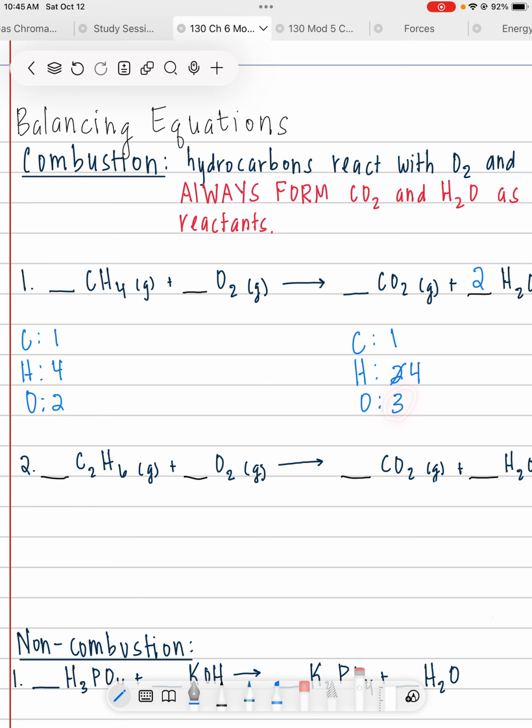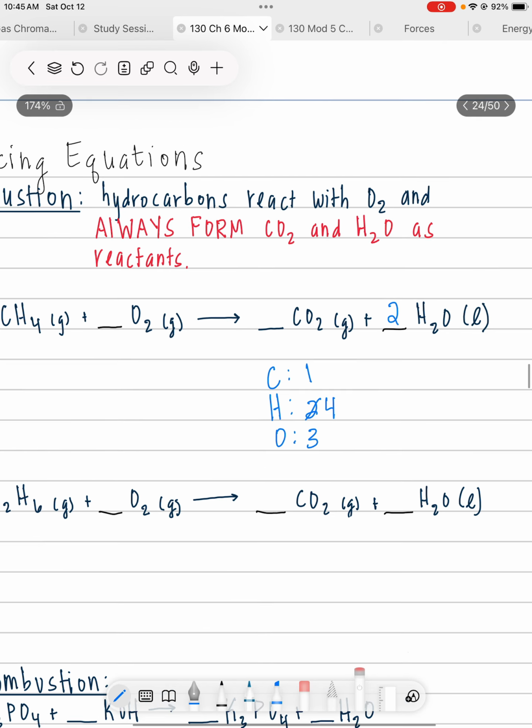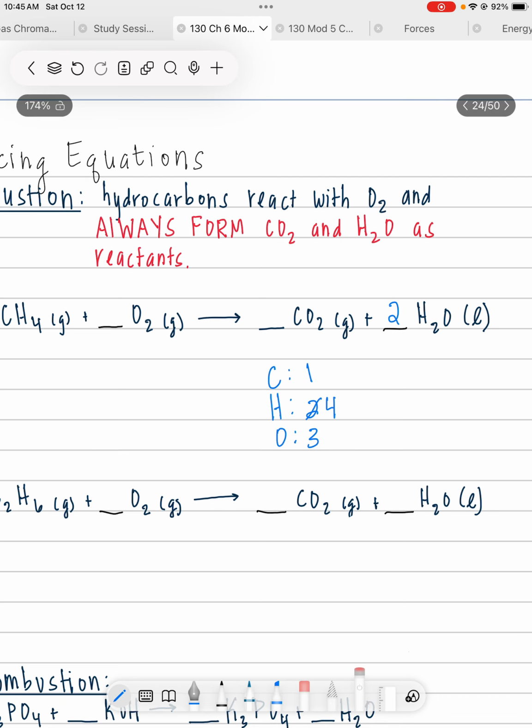Well, first we need to check what we've done over here. So we put a 2 coefficient here, and we multiplied it by our 2 on hydrogen, which is good. But we also need to multiply this 2 by our coefficient on oxygen. What is the subscript right here? Well, nothing is written, so we know that there is a 1 there.